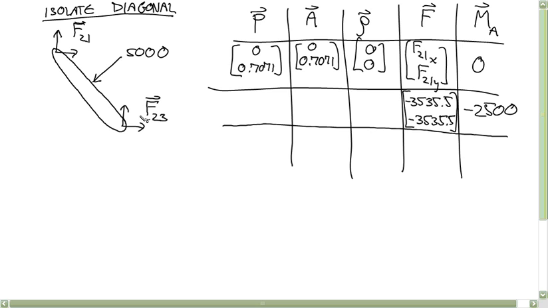And then F23 is applied at 0.7071, about point 0.7071. So the rho vector is 0.7071, negative 0.7071.